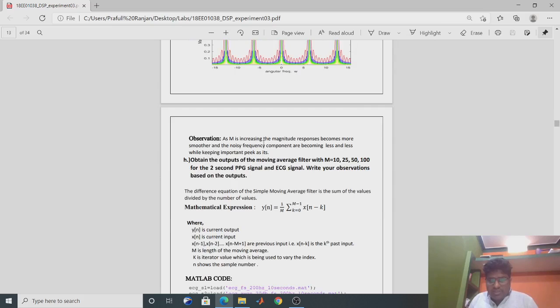So here, as m is increasing, the magnitude response becomes smoother, and the noisy frequency components are becoming less and less, while keeping the important peak as it is.